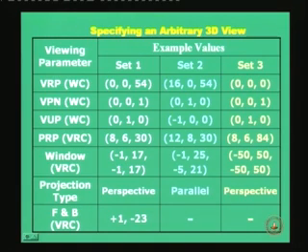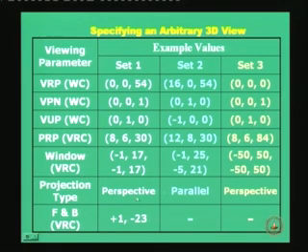The viewing parameters used are VRP, which is view reference point, VPN, view plane normal, VUP, view up vector, PRP, projective reference point, or COP, and the corresponding window coordinates of the viewport, in the view reference coordinates. The first three, VRP, VPN, VUP, and PRP, are in world coordinates, WC; VRC is view reference coordinates.